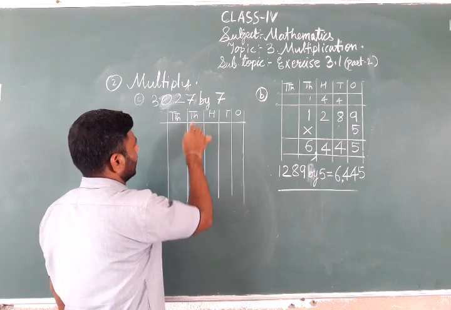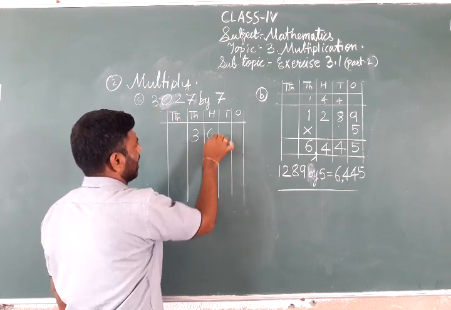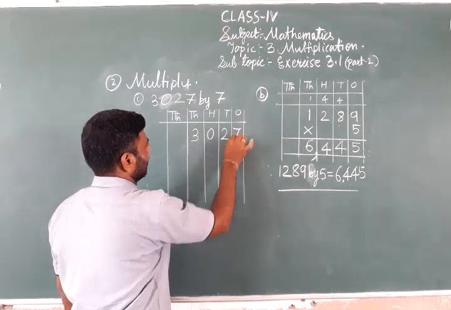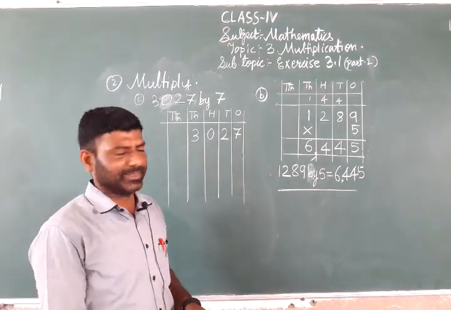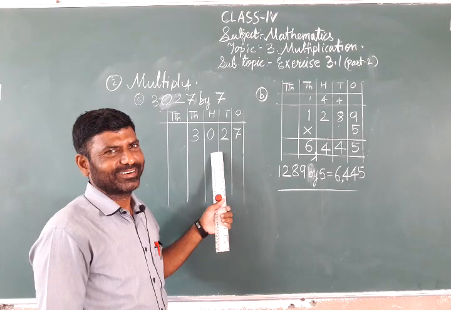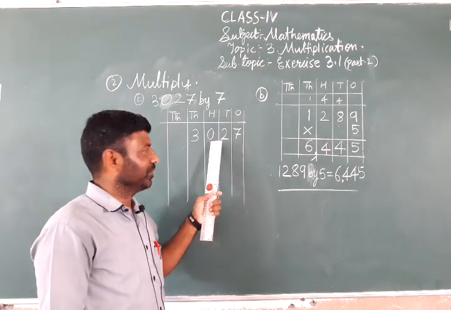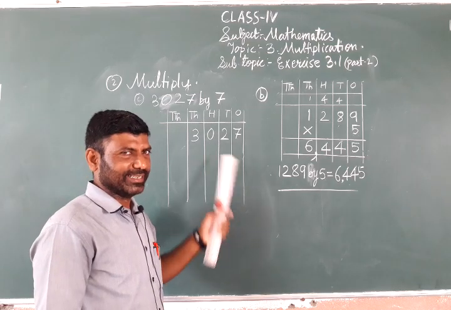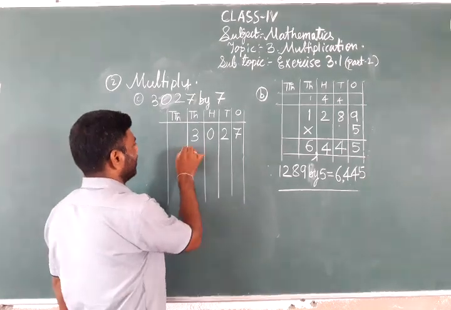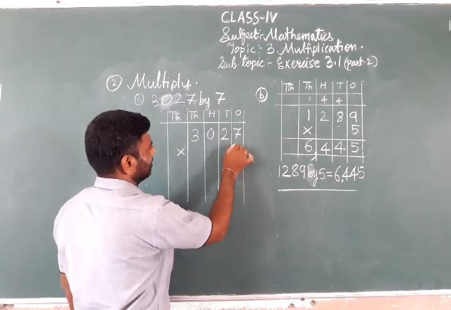Three is in thousands place, and 27. Here tell me which place is missing here. Yes, hundreds place is missing. That's why we put 0 here. Understand? So multiplied by 7.